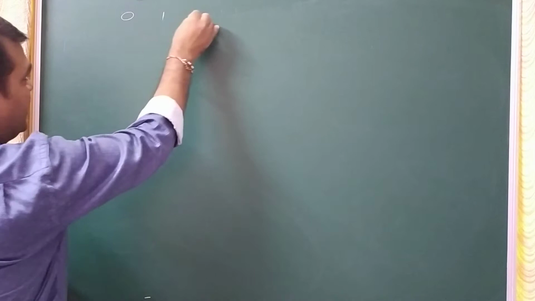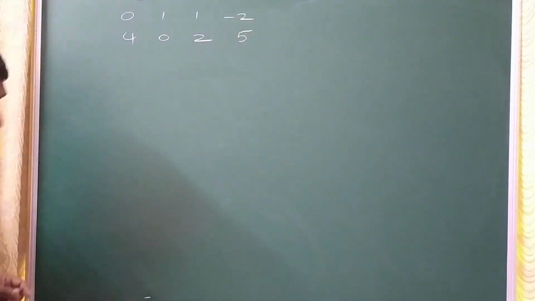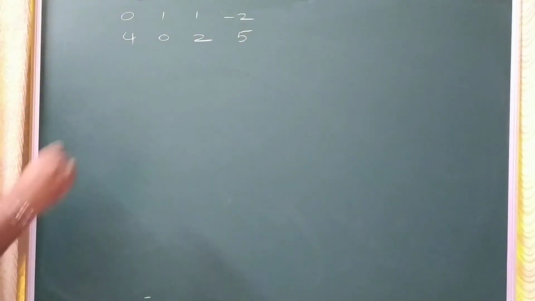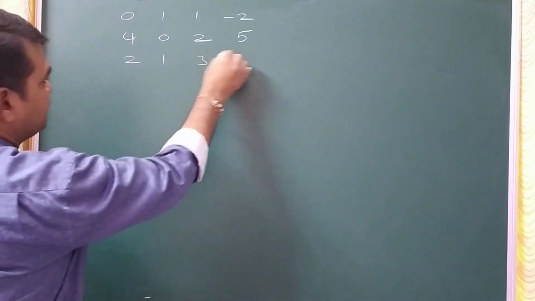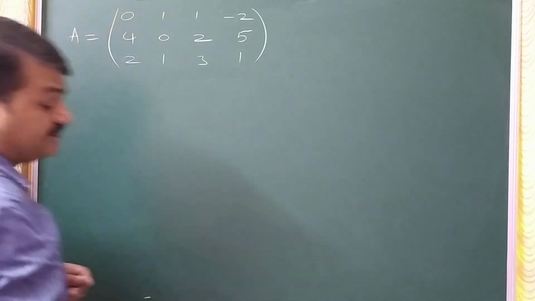The matrix is: 0, 1, 1, minus 2; 4, 0, 2, 5; and 2, 1, 3, 1. So this is the matrix.